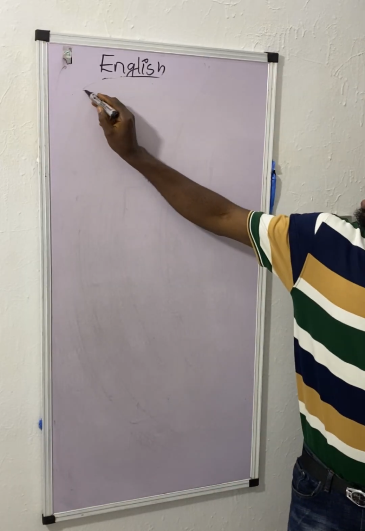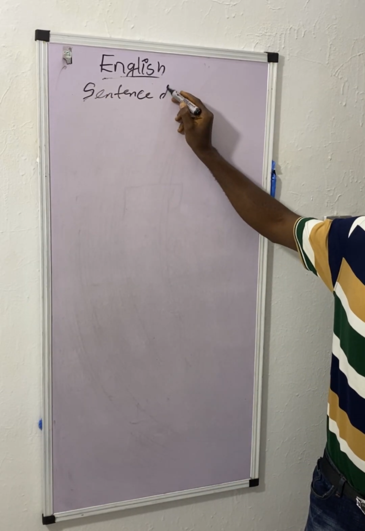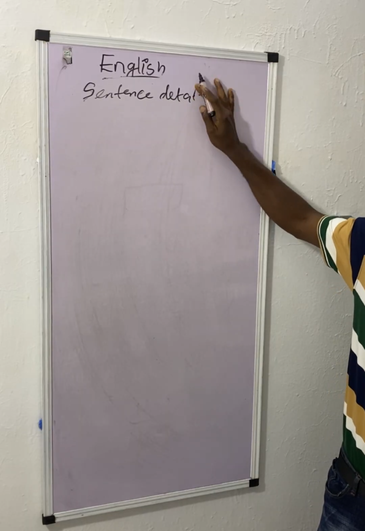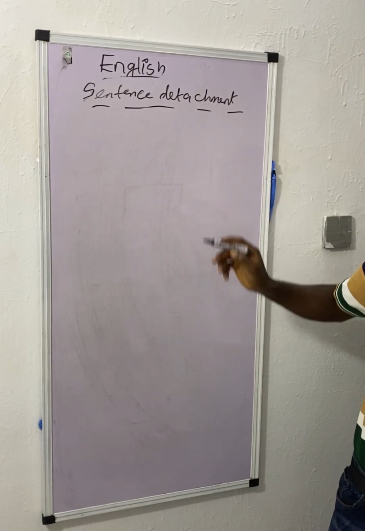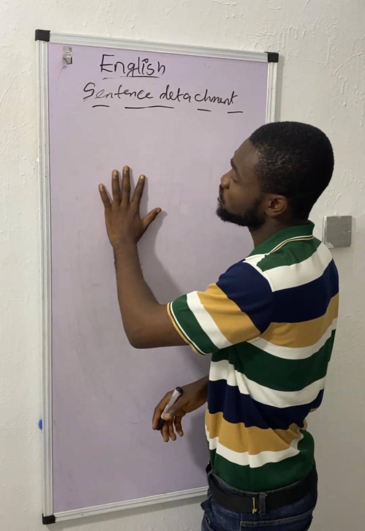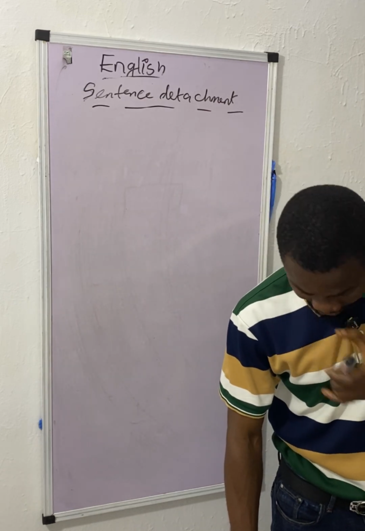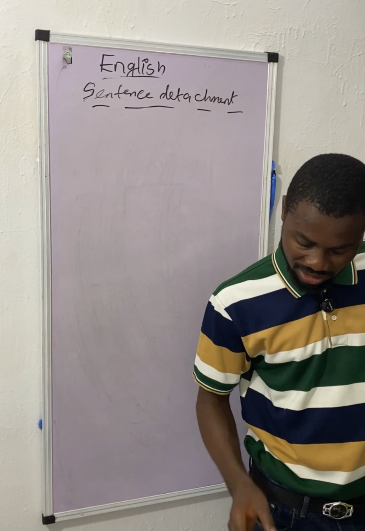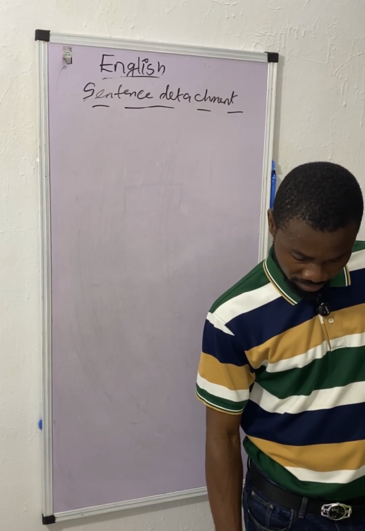Sentence detachment in writing is different from the one that I want to teach you here. This one is just a technique for answering difficult questions, questions that are giving you a tough time.